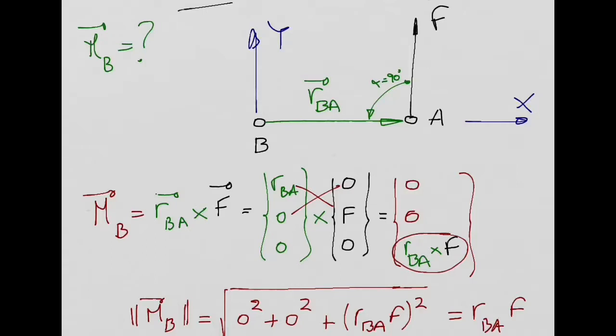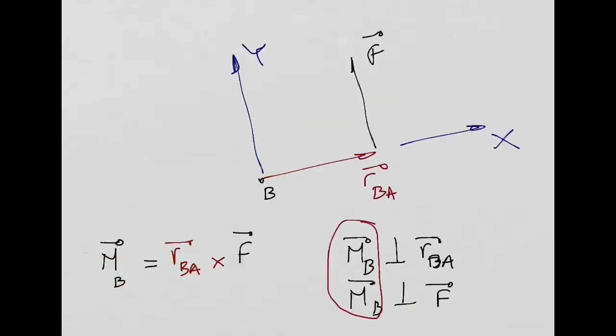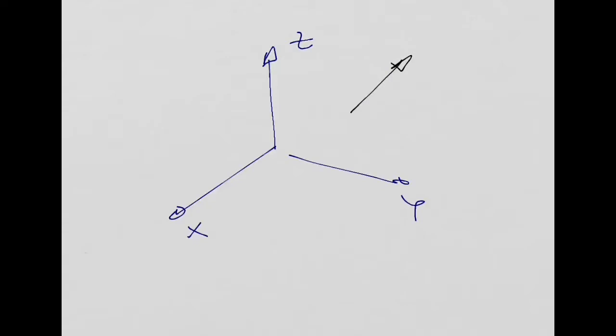Yeah, but careful, because I can give you something like this. I can, for example, give you a 3D coordinate system. I can say this is x, y, z, and then I can give you this force here. This force is going to be a vector with a component in the x direction, the y direction, and the z direction.